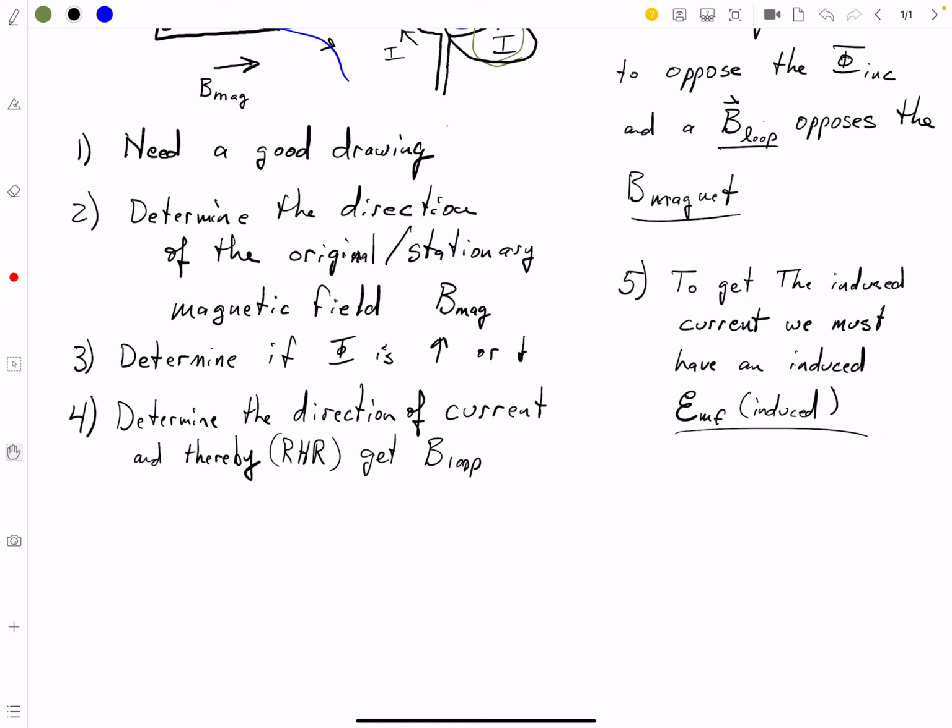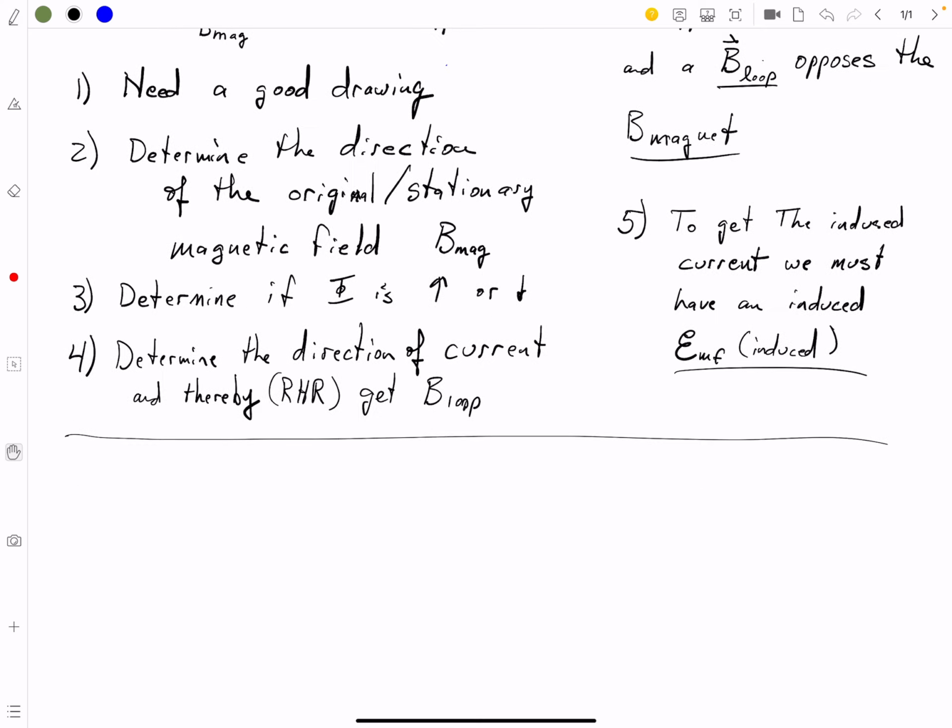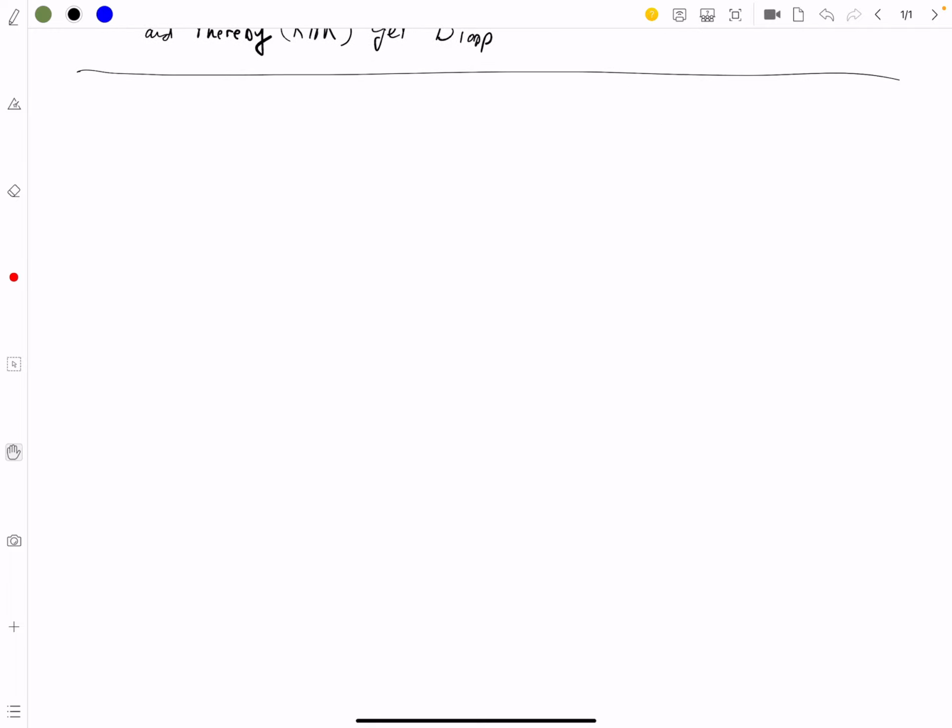So how do we calculate? Let's do a little example. So this is straight up example 23.1. And we're going to calculate it, and of course we're using figure 23.7.